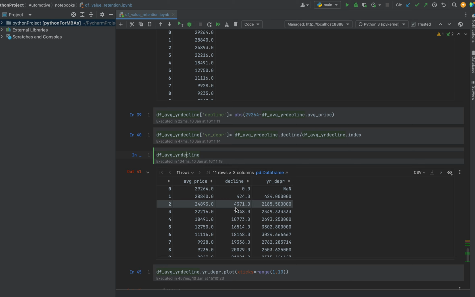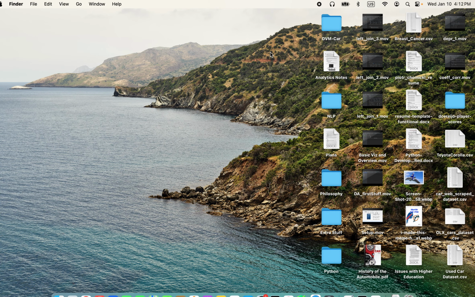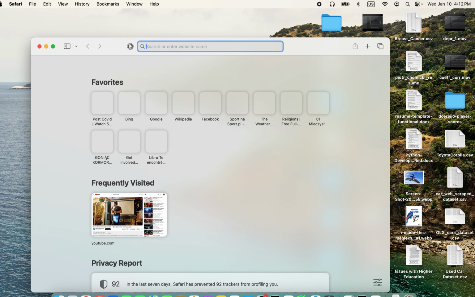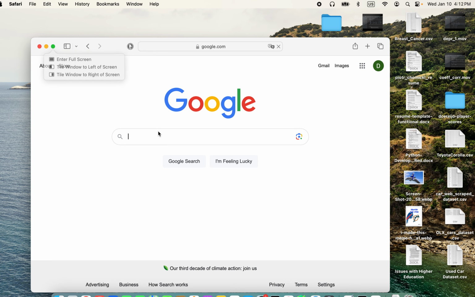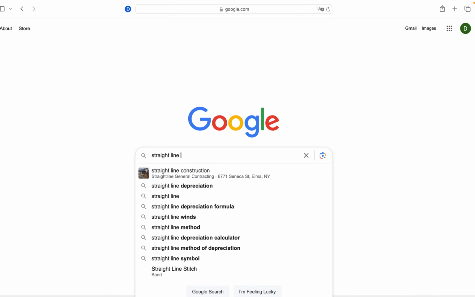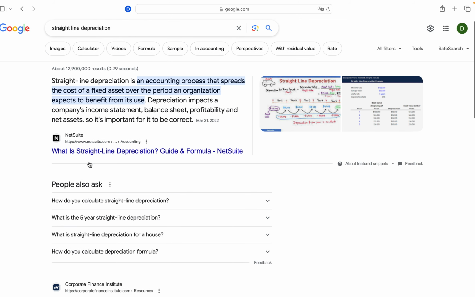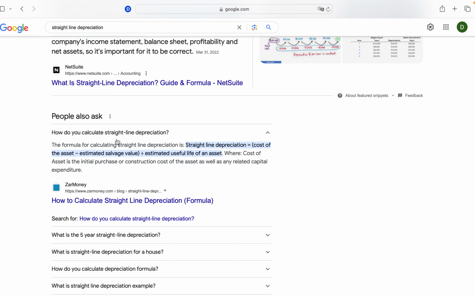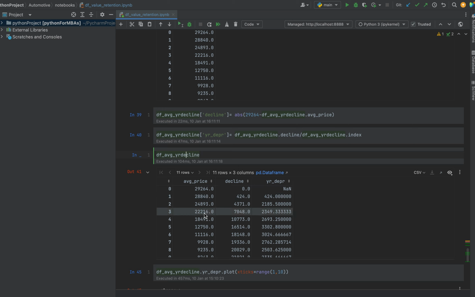The point of that straight line depreciation is that it takes the final value, the estimated salvage value, which is how much it'd be. So if it was in year 3, this would be the salvage value.